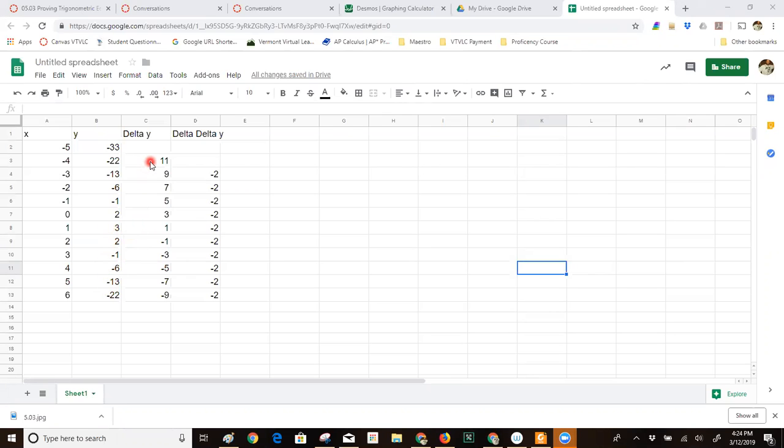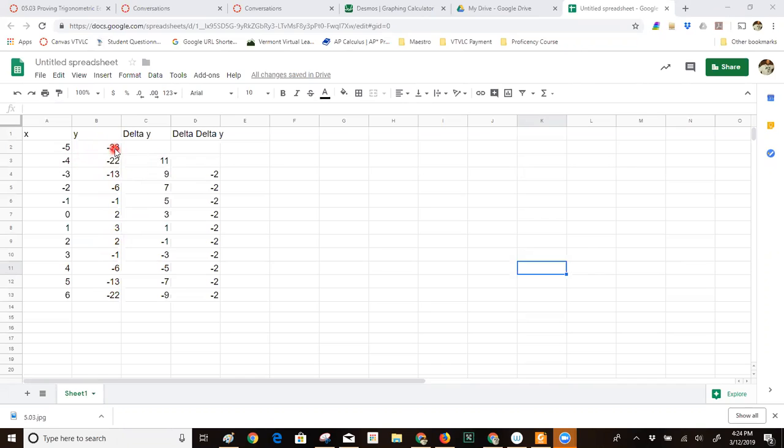So now let's look at the rate of change in those increases, the slope per se. If I do negative 22 minus negative 33, that's 11. And for this table, x is changing by 1, so it's 11 over 1, because negative 4 minus negative 5 is positive 1, right?